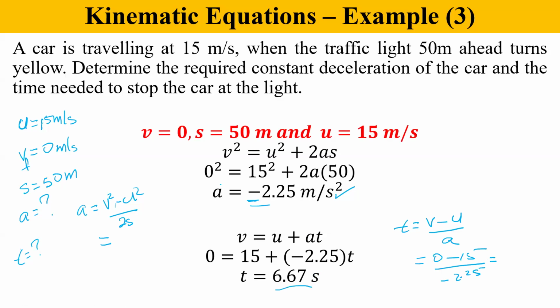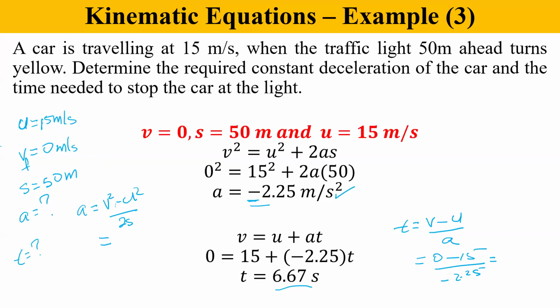So what you have to do is recognize what you have and what you don't have. You look at your quantities. When you see you have initial velocity, final velocity, a displacement, right? You say, okay, I know that we have 3 equations of motion. And your initial one is very easy to remember, eh?